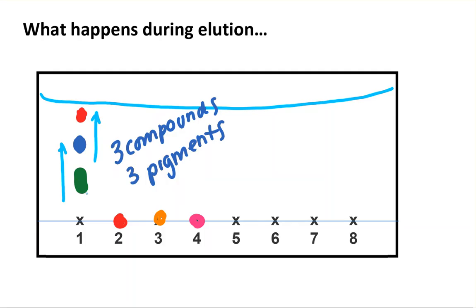The green compound apparently was stuck to the paper more, so it may have traveled some with the liquid, but not as much. So up higher means it's more attracted to the solvent, down lower means it's more attracted to the paper. And so then what we're going to do is quantify where these ended up. We're going to put numbers to the fact that the red ended up way at the top.